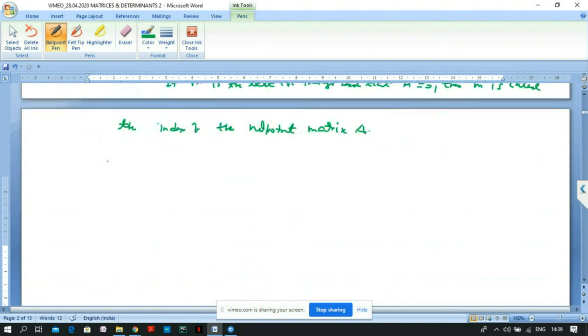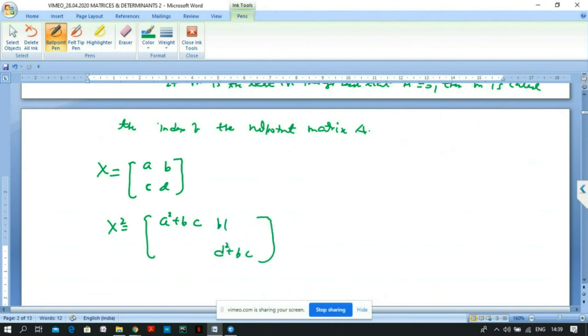So we'll again start with, let's take X equal to the matrix with rows a, b and c, d. And so you will have x squared equals, already we did our work so we need not do it again, a square plus bc, and then d square plus bc as the diagonal elements. Here you have b times a plus d and c times a plus d. This time you want them to be equal to not I, but all 0, the null matrix.